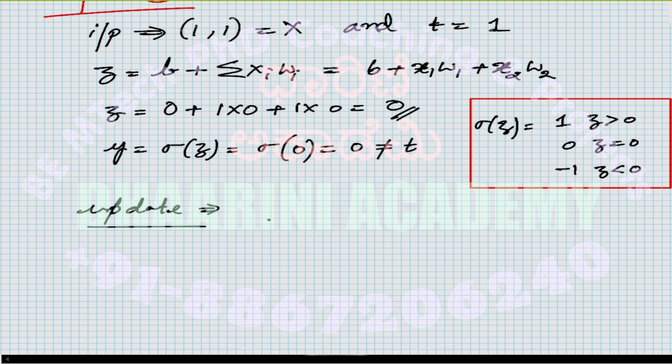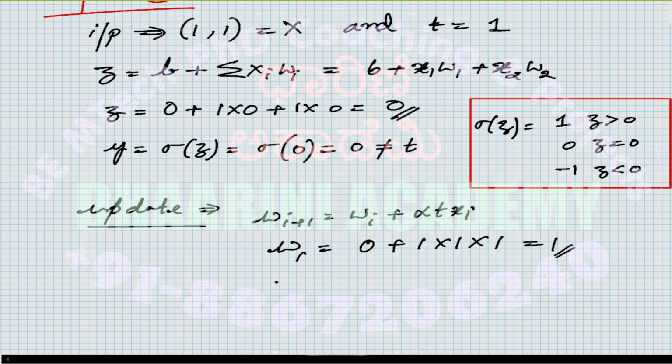What's the equation? Weight wi new is wi plus alpha into t into xi. So I have to perform both of them. w1 I'll update. w1 is equal to, what's the old value? 0, plus alpha is 1, target is 1, and input is also 1. So this is 1 now.